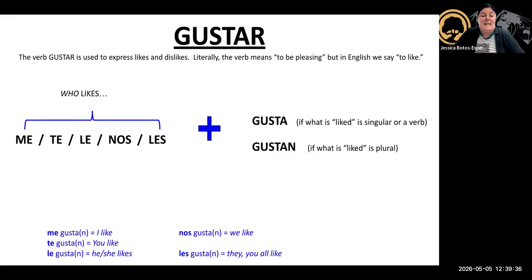And down below, you'll see me gusta means I like, te gusta, you like, le gusta, he, she, usted like. Nos gusta, we like. Les gustan, they or you all like. And you see the N in parentheses because if what follows is plural, you're going to put the N on the end. So gustan: me gustan, te gustan, le gustan, nos gustan, and les gustan.